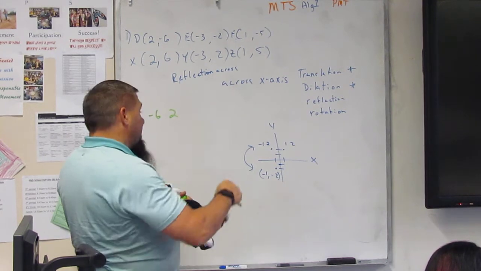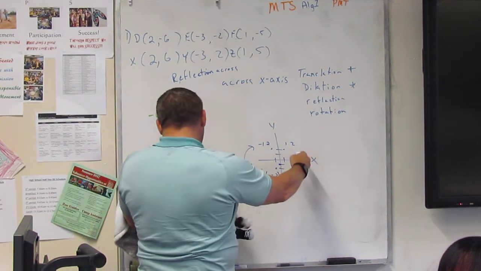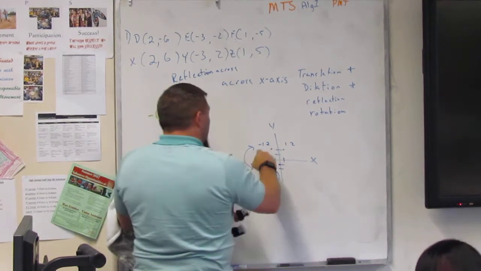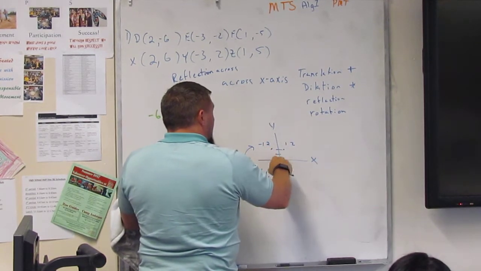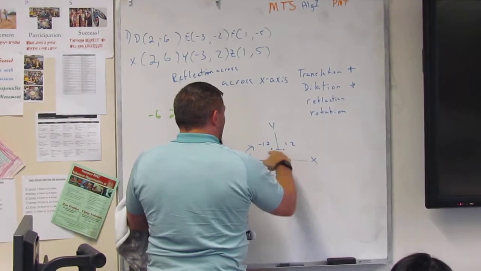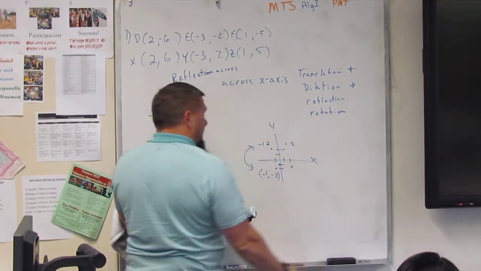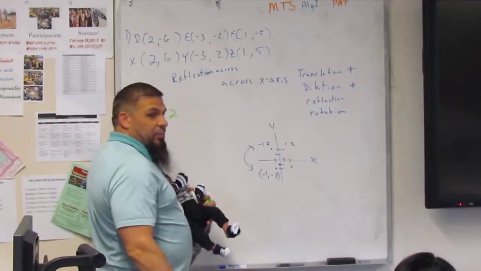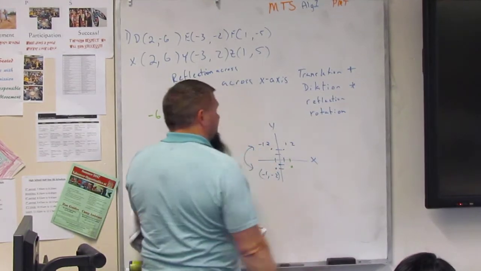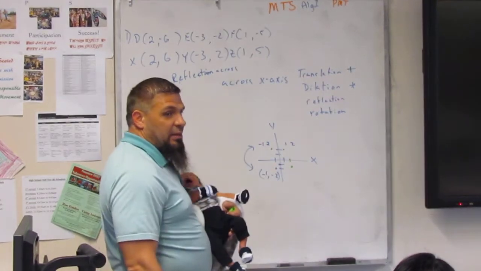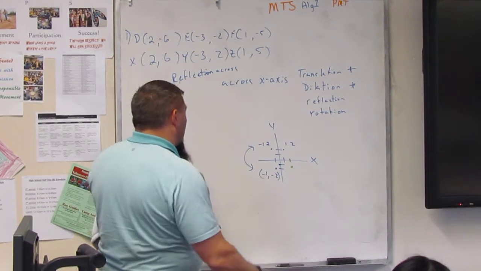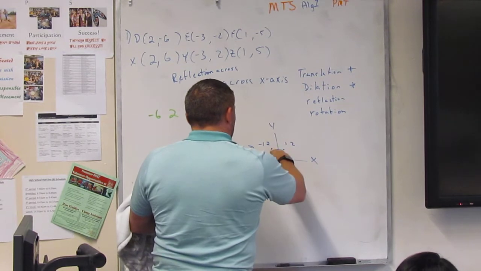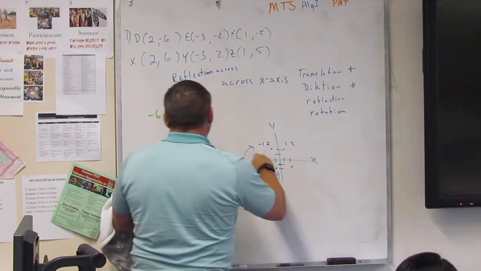Because if I go this way, I'm rotating this way, and that would be 2, negative 1. And so that rotates it around, and that's called a 90-degree rotation. And then if I go this way, it would be the same thing.